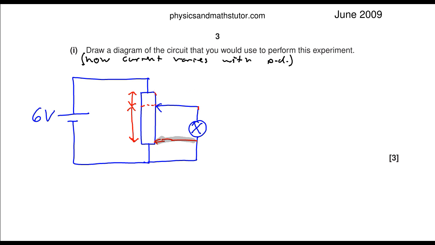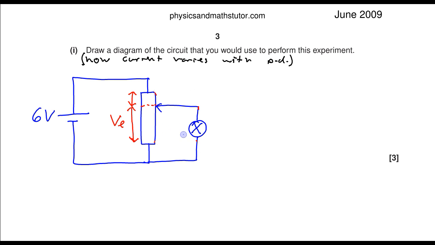But what is important is that we want that voltage across the filament lamp, and that's why the lamp is connected in parallel with that part of the variable resistor. Since they're in parallel, whatever voltage is in this section, we can call that V lamp, it will be the same across the lamp.